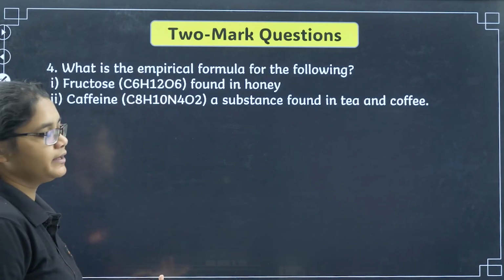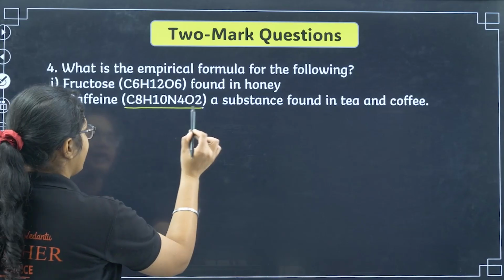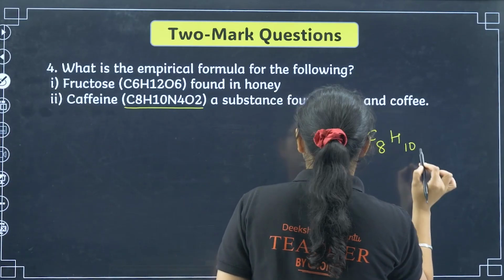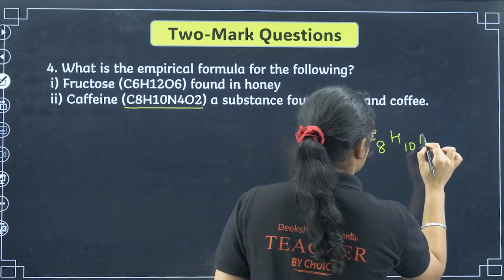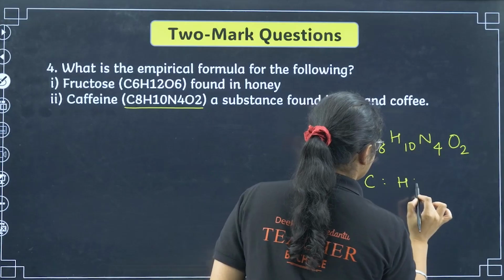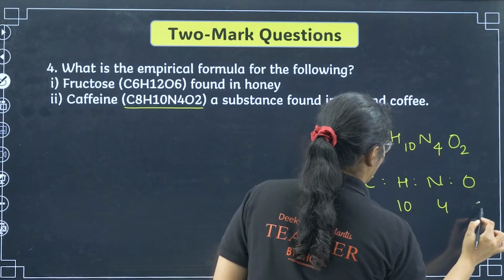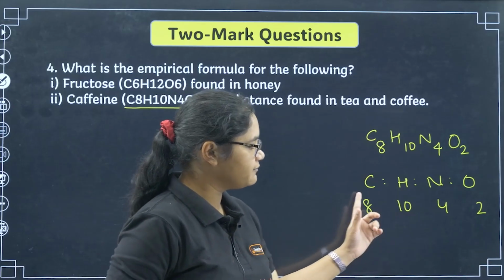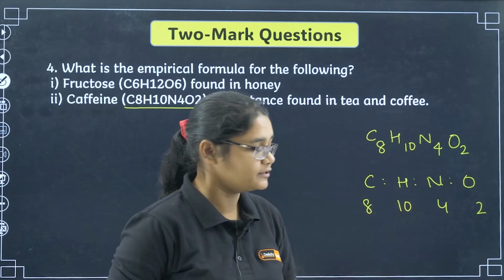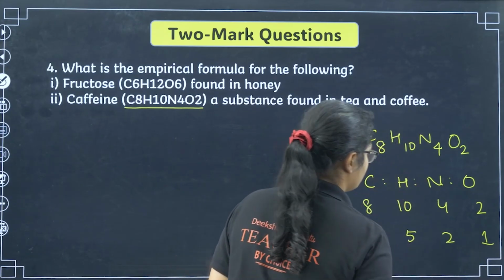You have C6H12O6, which I have already defined, CH2O, and then we have C8H10N4O2. So I have carbon, hydrogen, nitrogen and oxygen. So 8, 10, 4 and 2. Is there any number by which all of them are divisible? Yes, by 2 I can divide all the numbers. So 2 4s are 8, 2 5s are 10, 2 2s are 4, 2 1s are 2. Right?